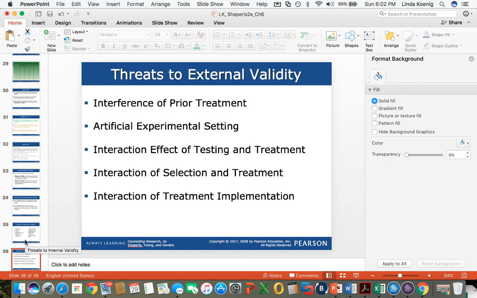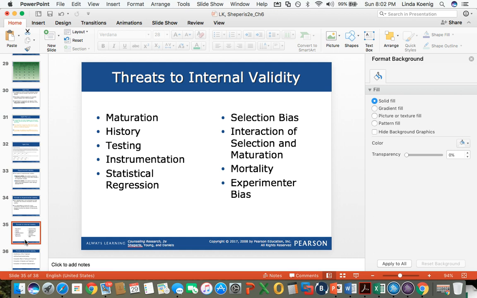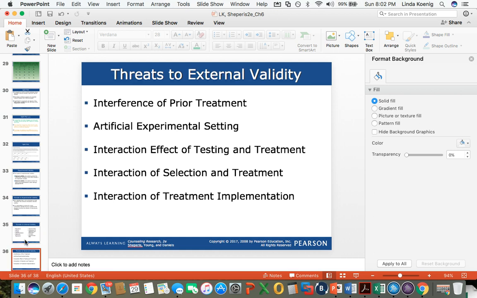And then threats to external validity. We've talked about some of these already. But again, these are all discussed in your book. You should be aware of which ones are internal and which ones are external.